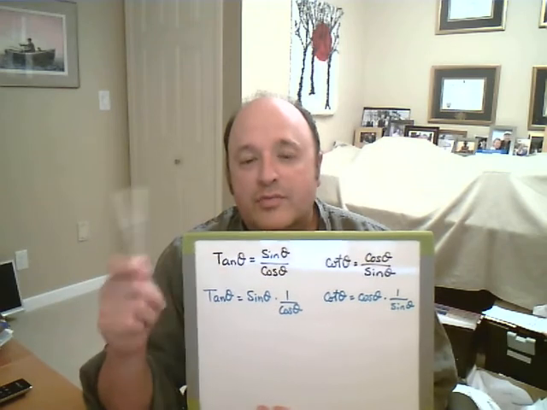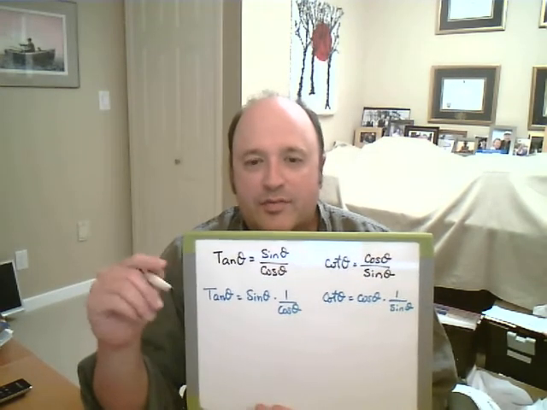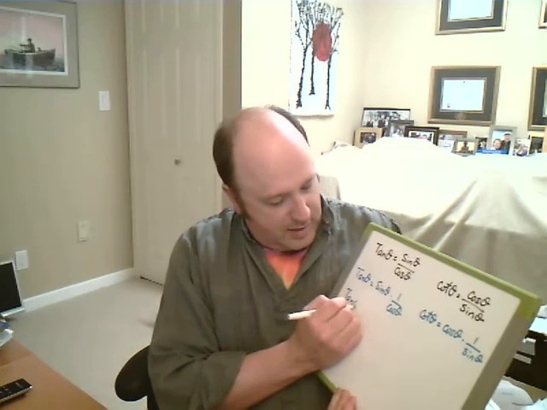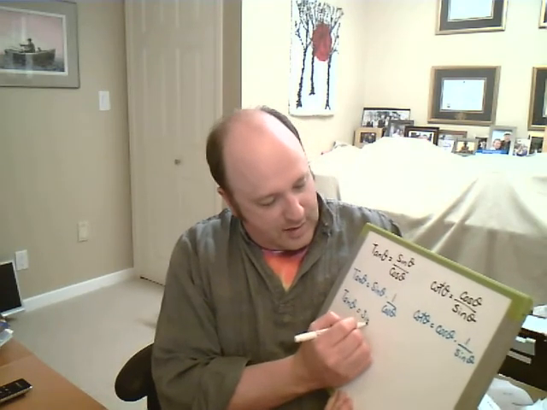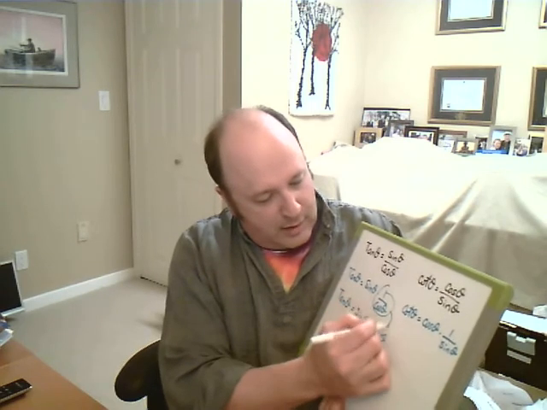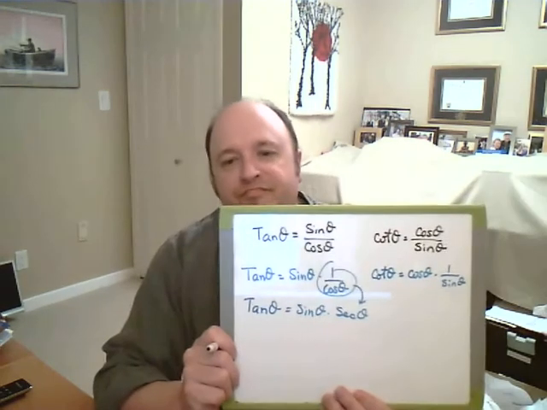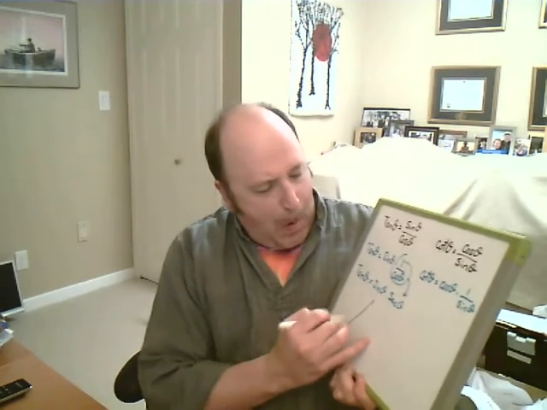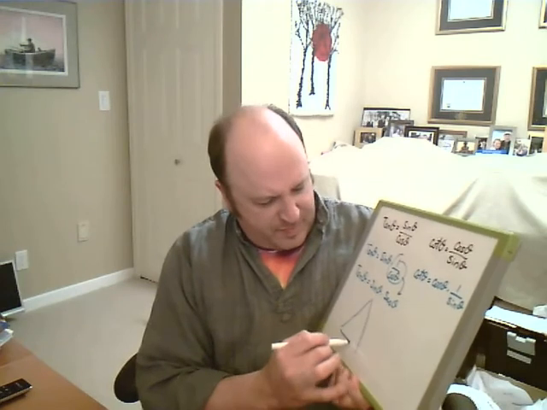If you remember from your algebra stuff, that's equal to secant. So I can rewrite this as tangent theta is equal to sine theta times secant theta, where secant theta is 1 over cos. So now I can write this as an algebra triangle.